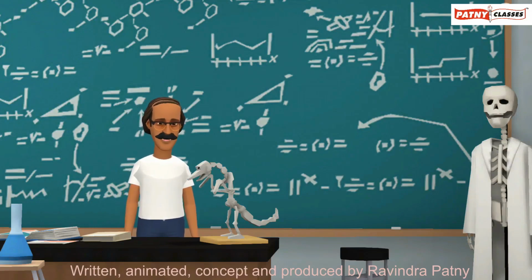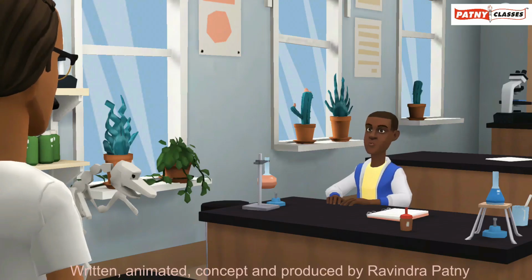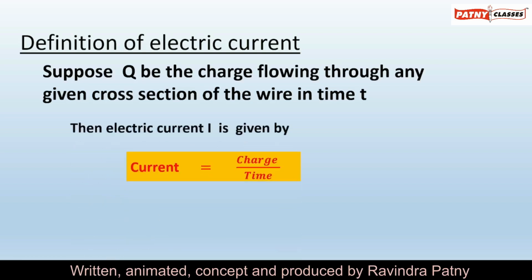We are very close to the definition of current. Sir, how will you define the current? Definition of electric current: suppose Q is the charge flowing through any given cross section of the wire in time t. Then electric current I is given by charge upon time, therefore I = Q/t.